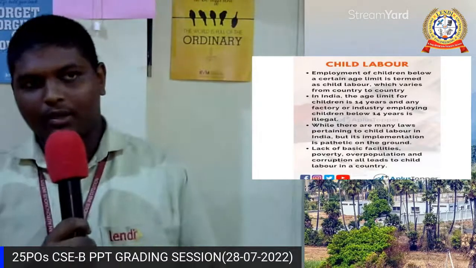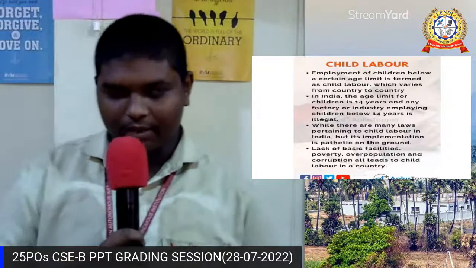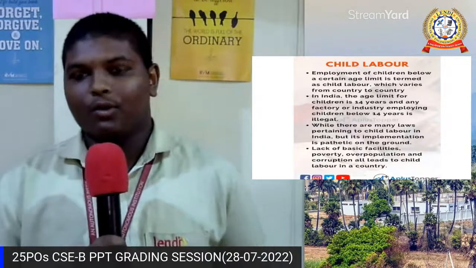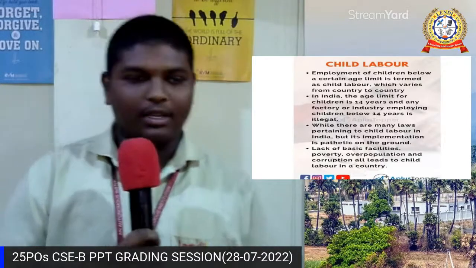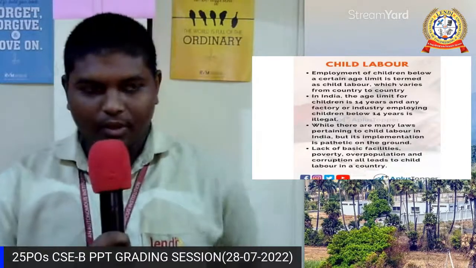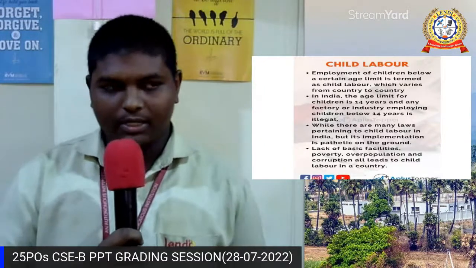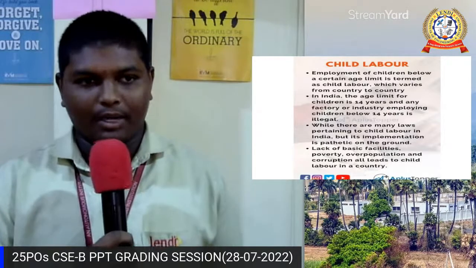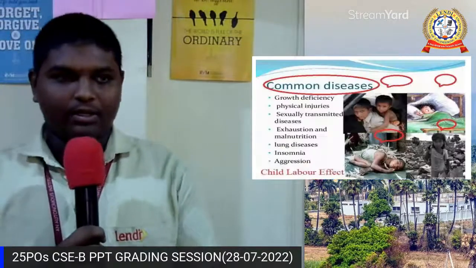Almost 10 million children between the ages of 5 and 17 have to work. About 4.3 million children aged below 18 years are in forced labor. 17.9% work in agriculture, 17.2% in service sectors, 11.9% in heavy industries.